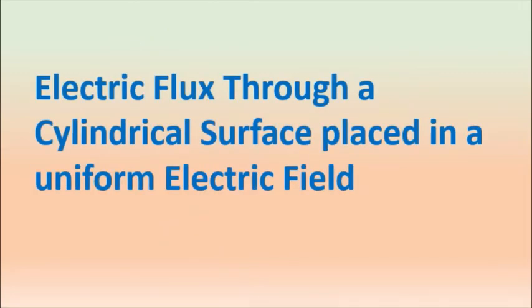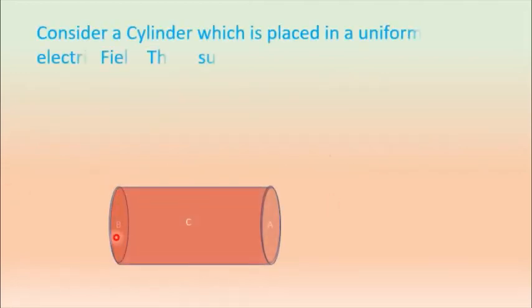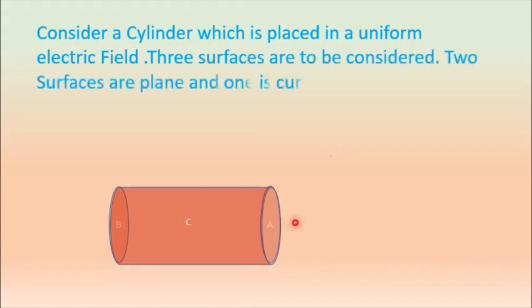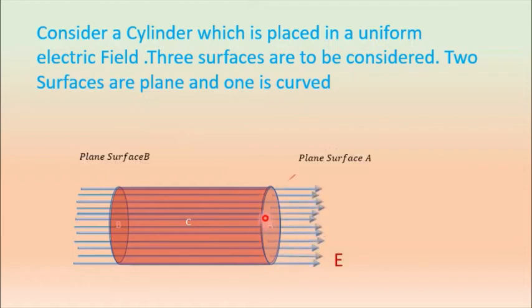Electric flux through a cylindrical surface placed in a uniform electric field. Consider a cylinder which is placed in an electric field. Here, three surfaces are to be considered. The surfaces A and B, which are plane, and the surface C is a curved or cylindrical surface.